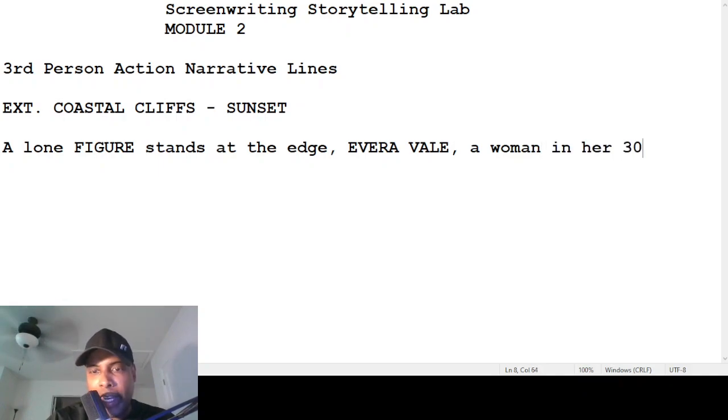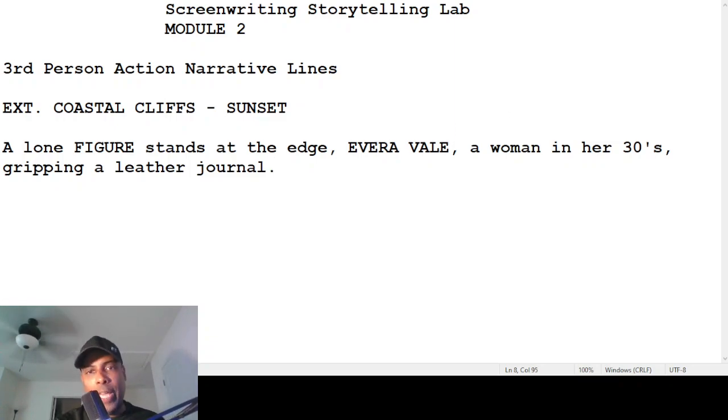So this is how you can build on your third person action narrative lines. And we have worked on this already. This is just more review. So she's gripping a leather journal. Okay, so this is, again, always good note taking, straight off the cuff when you write this.